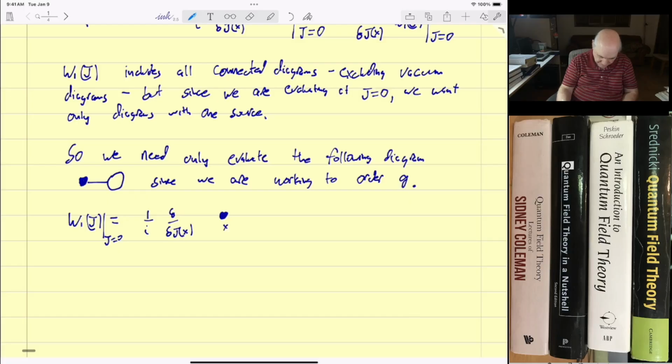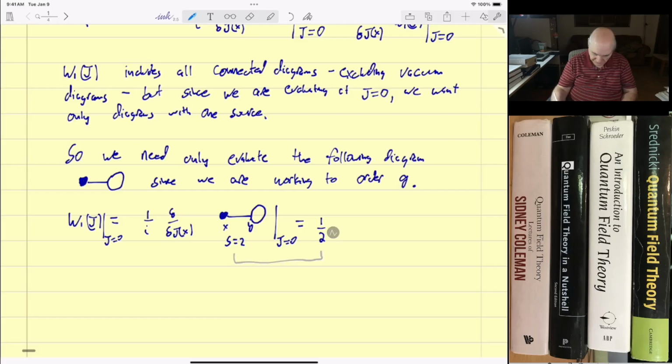Call this x, y. x and y are space-time points. And then after we evaluate it, we'll set J equals 0, but there won't be a J anymore, so that won't really matter. This diagram has a symmetry factor of S equal 2. So this is equal to 1/2. That reflects the symmetry factor.